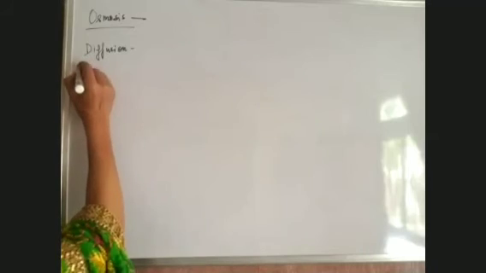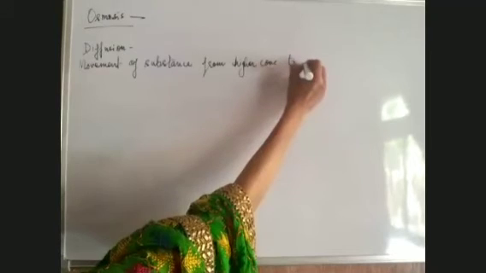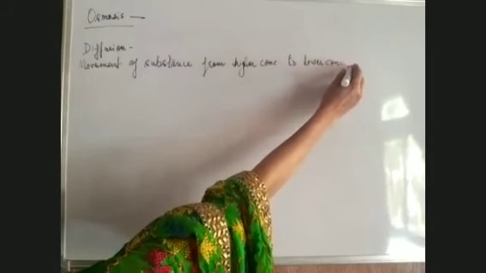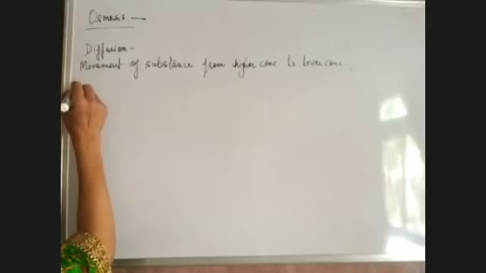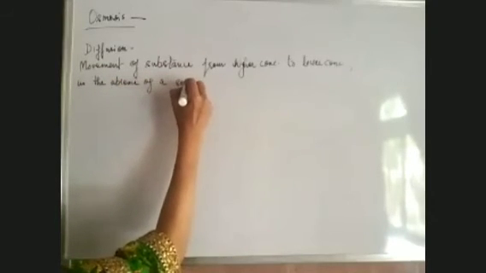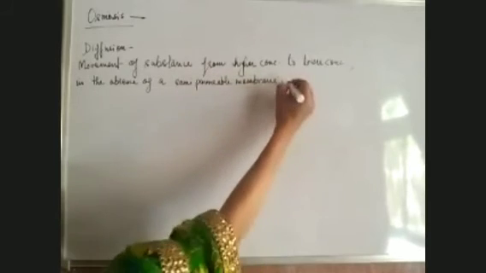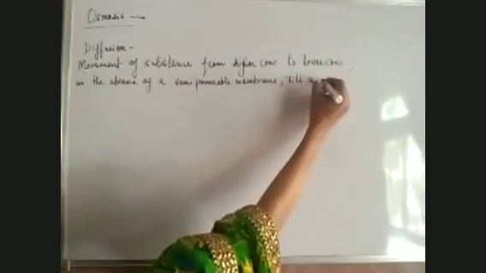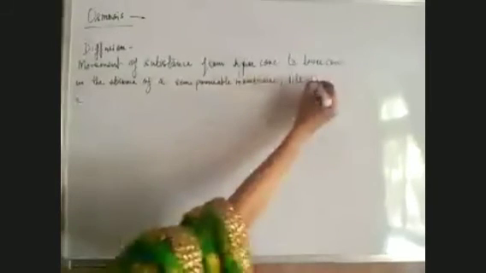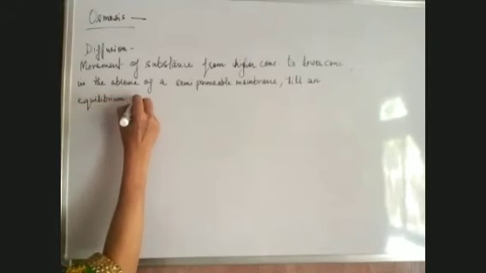I'm telling you diffusion first: movement of substance from higher concentration to lower concentration in the absence of a semi-permeable membrane, till an equilibrium in their distribution is achieved.